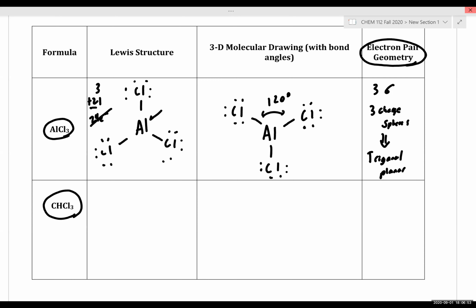Let's spend about another minute on this example. Let's try to get a few more responses in the chat for the proposed electron pair geometry for chloroform, and then we'll discuss shortly.